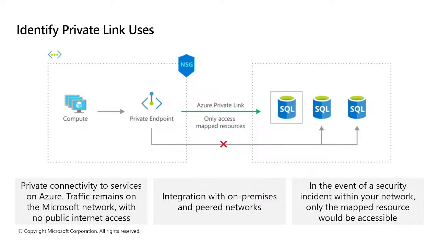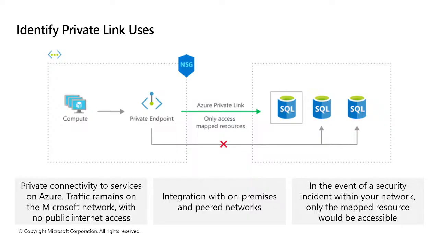Now, private link is a little bit related to the service endpoint, but the way this works is, now I've got a database, or let's say a storage account, which you cannot assign an IP address to.